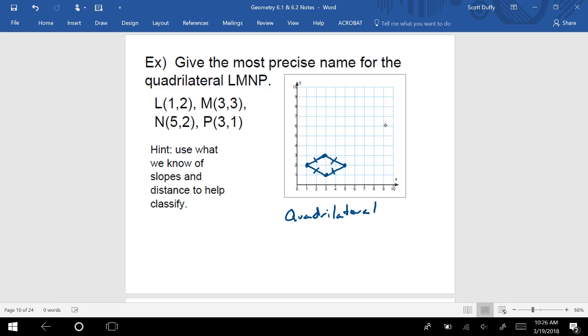You can see that this side and this side have the same slope. Same thing with this side and this side. So it's also a parallelogram. And then it has all 4 sides being equal, which makes it a rhombus. More specifically, it would be a rhombus.